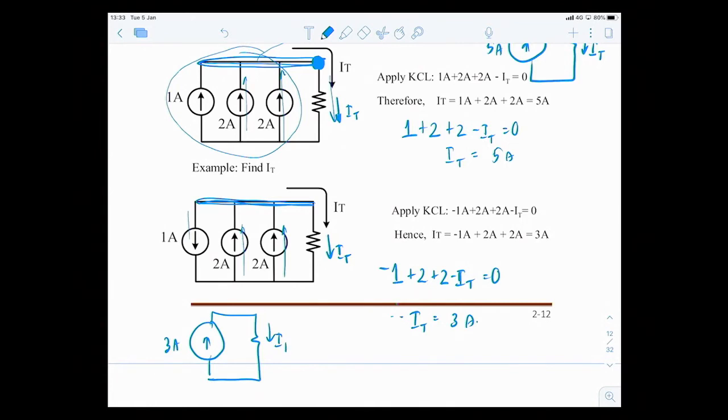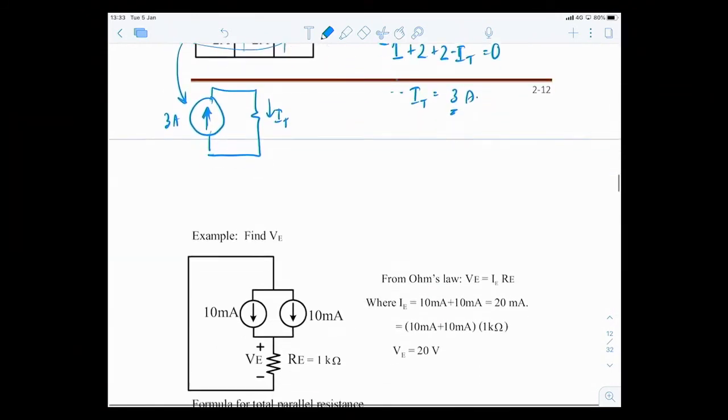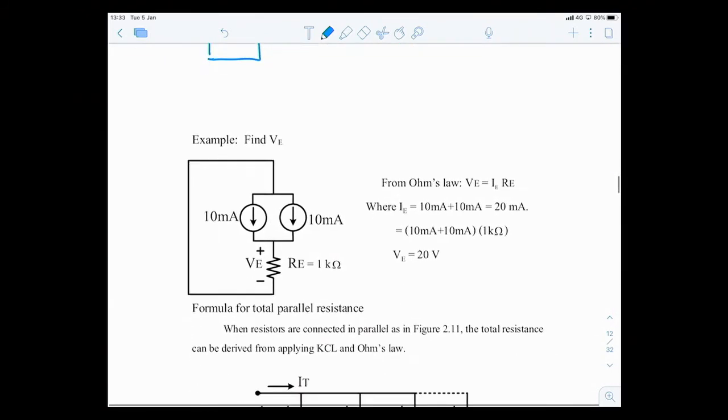But you have to make sure which current direction is positive. Here I say positive is going in, so when the answer is 3, I have to keep it consistent that going in is positive 3. So this is what happens when you have current sources connected in parallel.